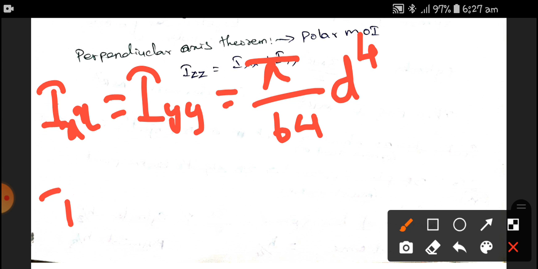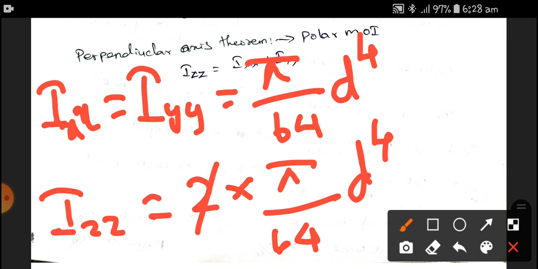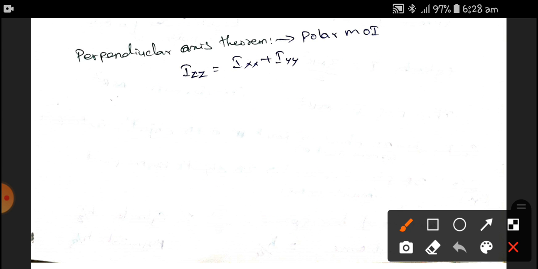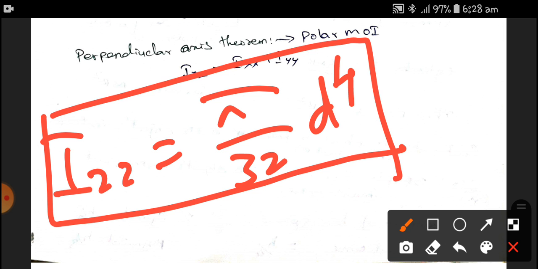Therefore, Izz is equal to 2 into pi by 64 capital D power 4. Therefore, striking it out, we will get Izz is equal to pi by 32 capital D power 4. So this is the polar moment of inertia of the shaft.